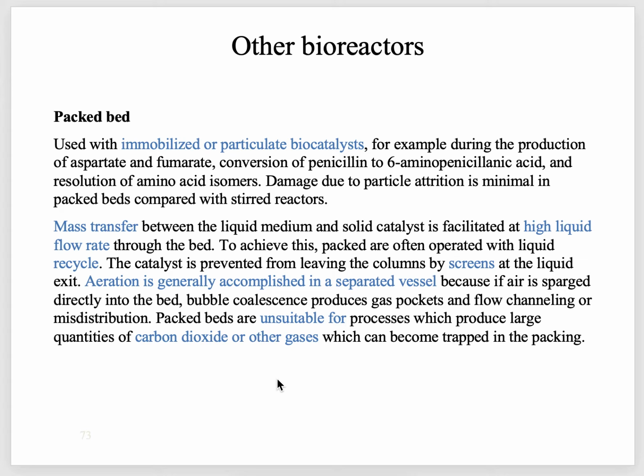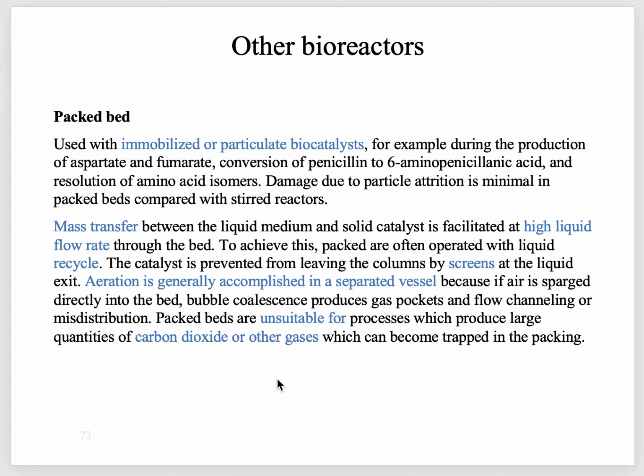When we immobilize a biocatalyst, we attach it to something, for example to some particles. For that reason they will not be able to move, so the biocatalyst will be in a fixed position in this type of bioreactor.